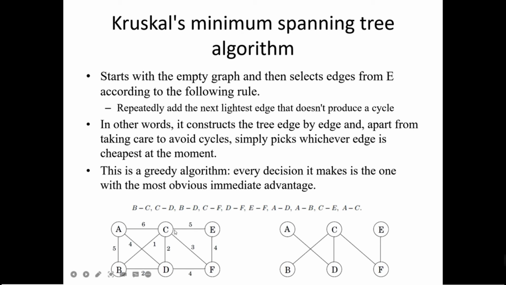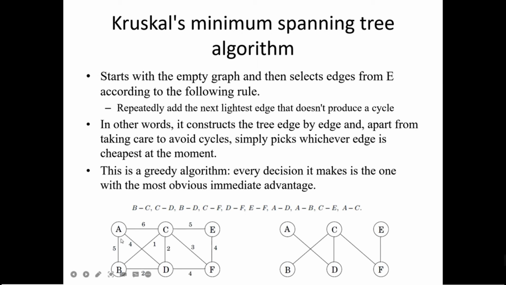For example, given this graph, at first we remove all of the edges, so we have an empty graph, and then we select edges one by one from all the candidate edges. Following the rules, we add the next lightest edge, meaning every time we select the lightest edge that doesn't produce a cycle. We construct the tree edge by edge, taking care to avoid cycles.